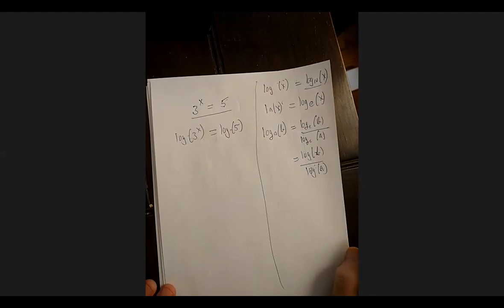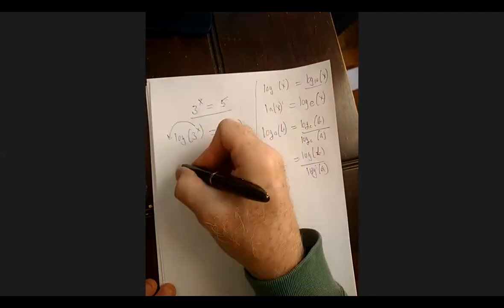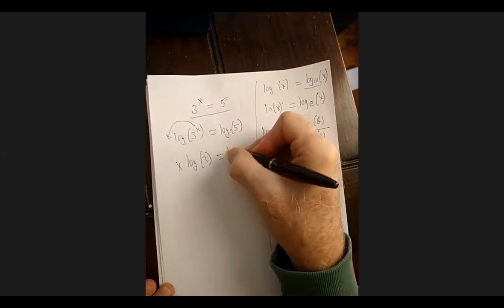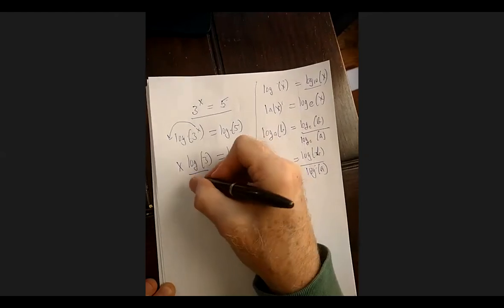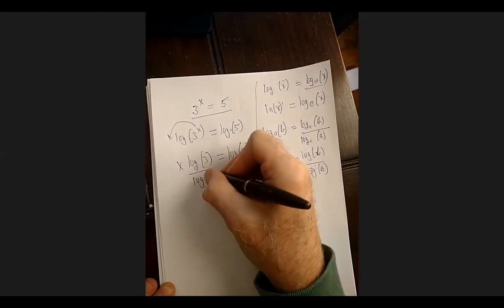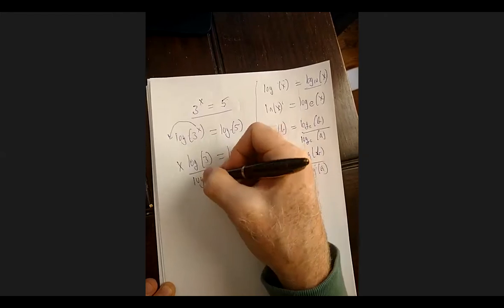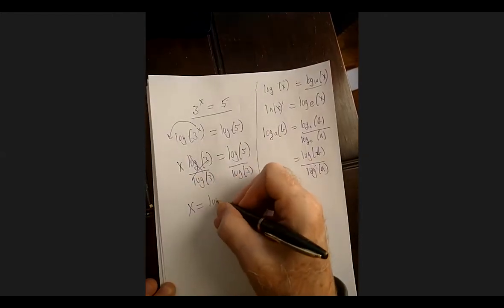Okay, now I simplify by bringing down the x. And then I need to get x alone, so I divide both sides by this. And that's going to be my answer.